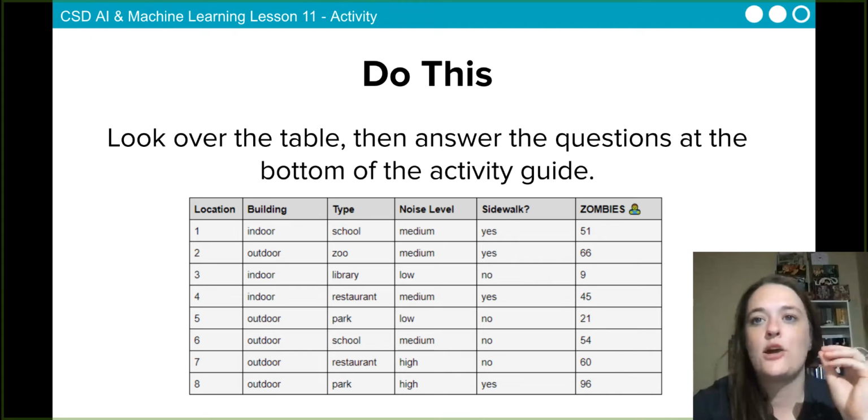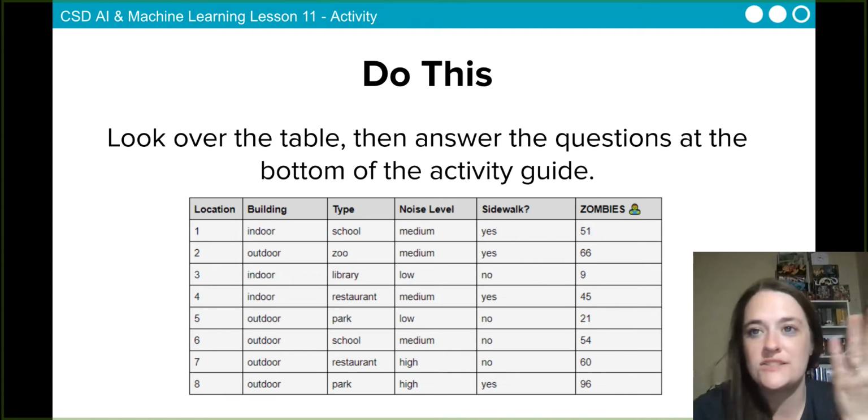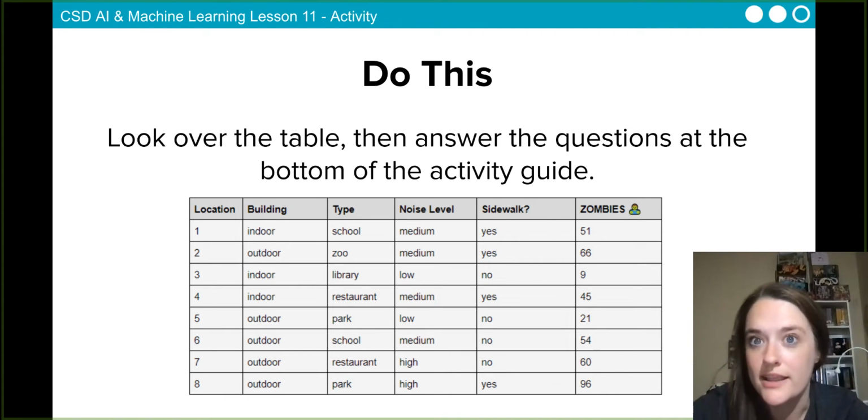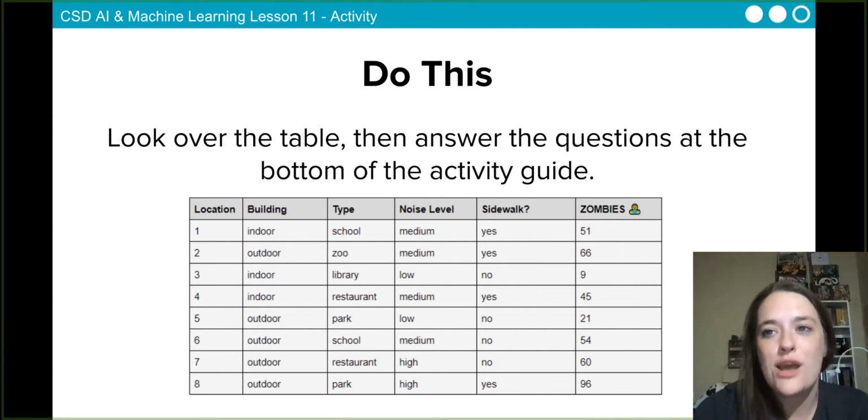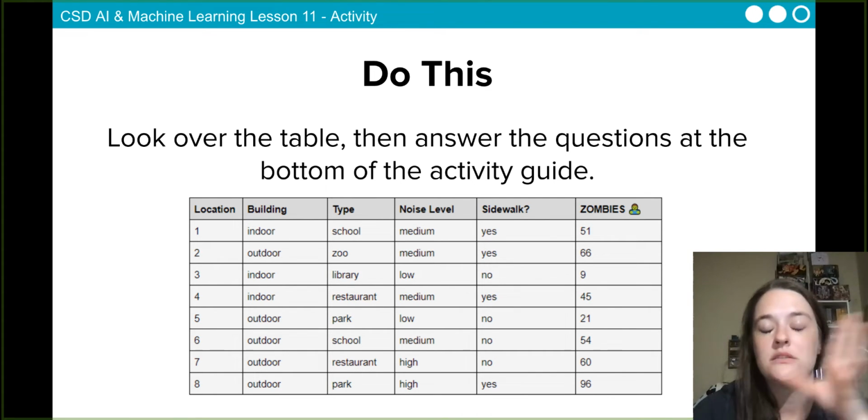Okay, so that just seems to be proven by this data right here, right? You may also notice that zombies tend to group at locations where there are humans or animals, like schools or zoos. Duh, what else are they going to eat?